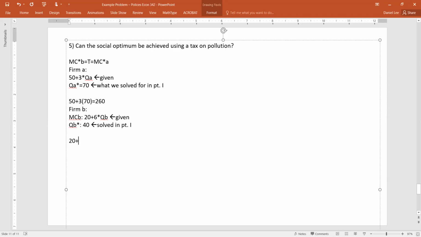So 20 plus 6 times 40. That also equals 260. So a tax of $260 would achieve the socially optimal level of pollution. Great. Questions?